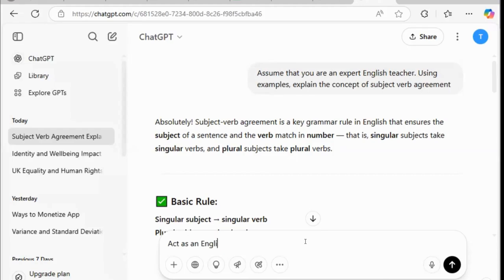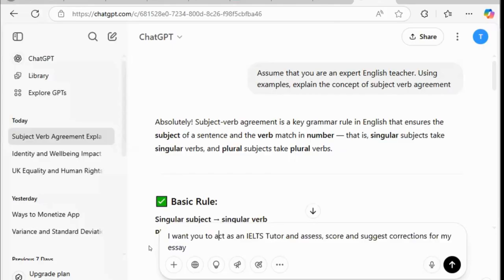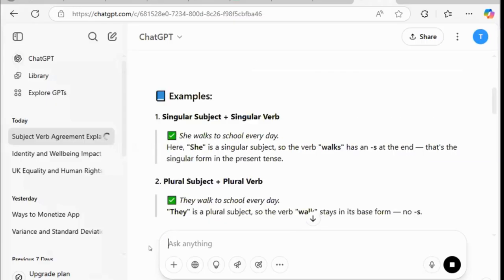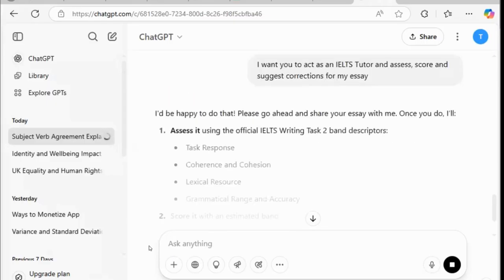Or let me say, act as an IELTS tutor and assess, score, and suggest corrections for my essay. Okay? Can you see that? So I will now press enter. Listen to what ChatGPT will tell me now.